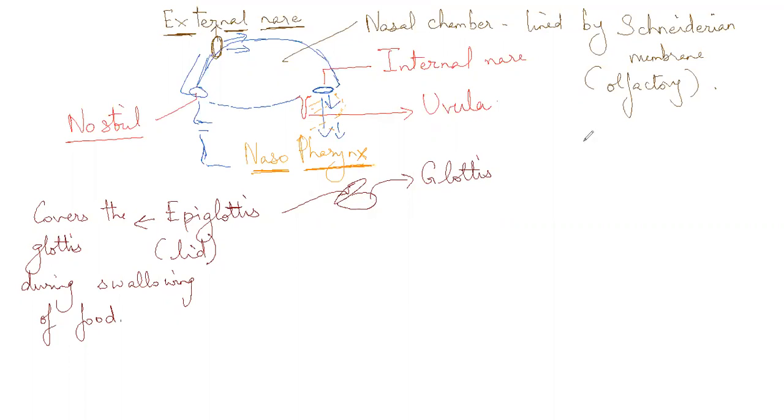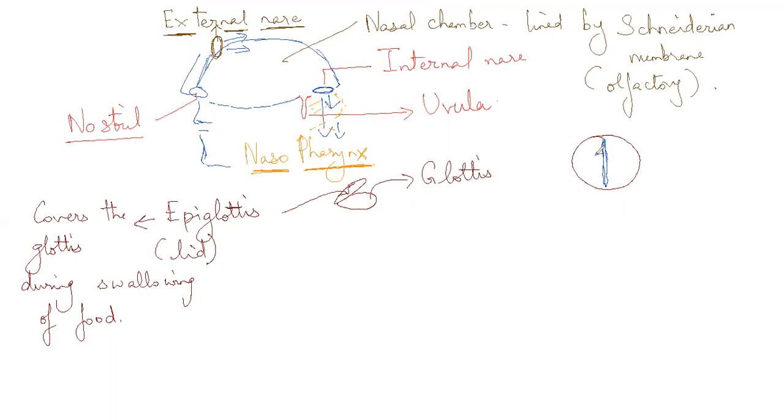Now this glottis, this opening, has certain flap-like structures in it. It remains closed otherwise, with a very thin slit between the membranes.